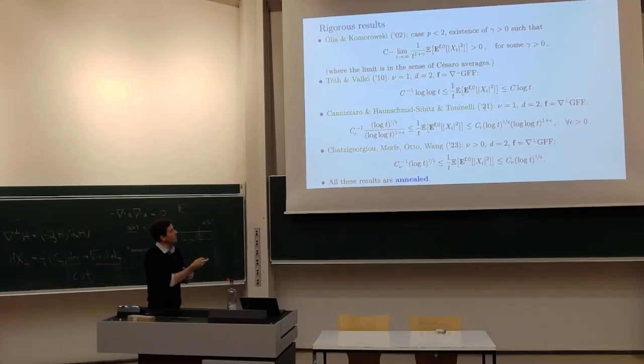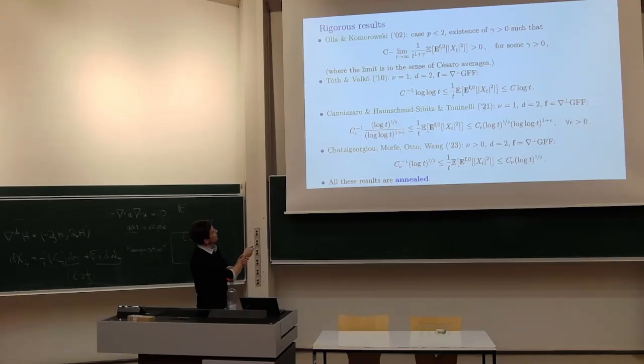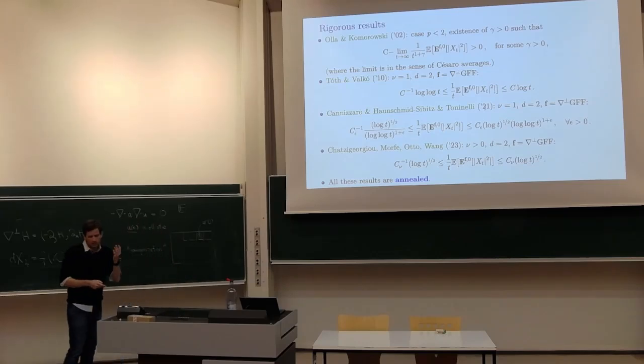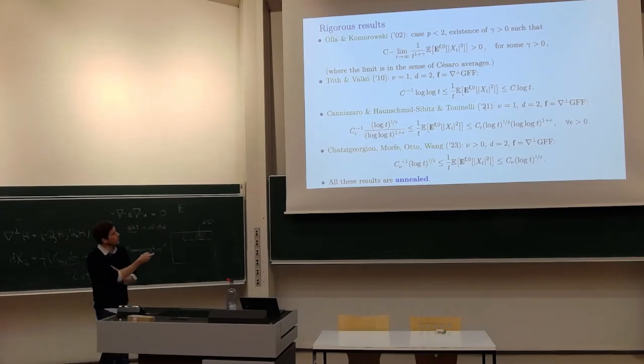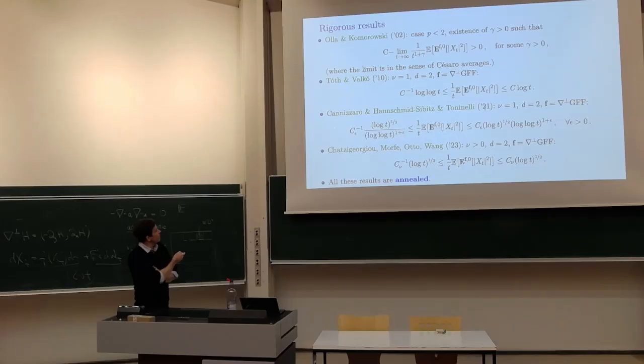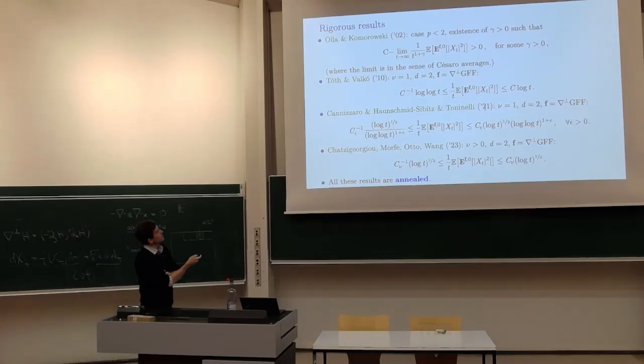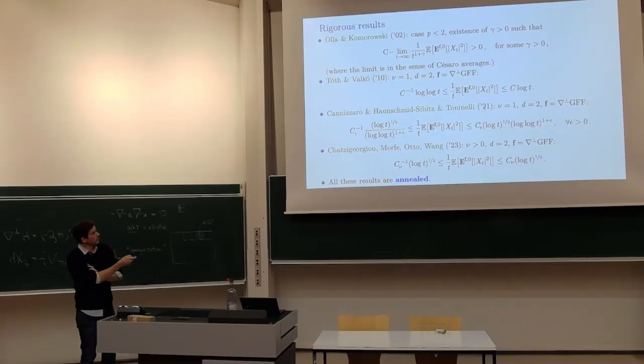The reason, by the way, that you can prove these theorems more easily is because if you assume the field is Gaussian, then you can do some kind of exact calculations that very often the physicists do as well. So then in more recent years, there's been kind of a series of papers that get, in the critical case, p is equal to 2 in dimension 2, improve the results until we have the predicted result of t squared of log t.